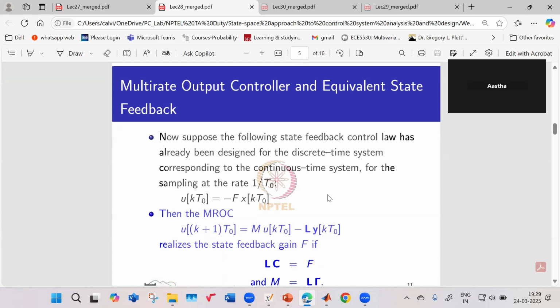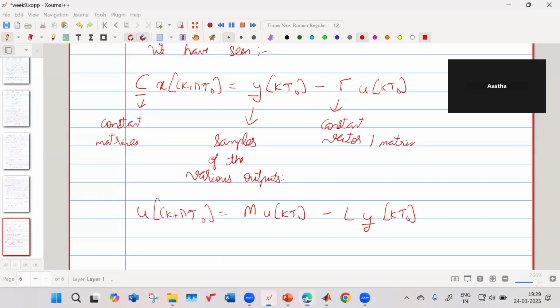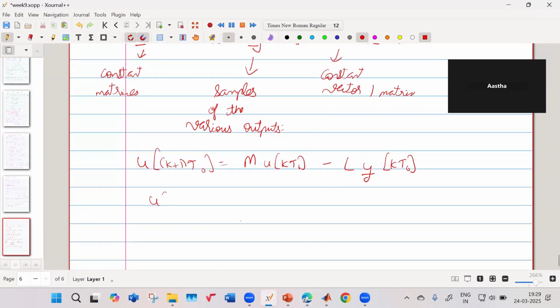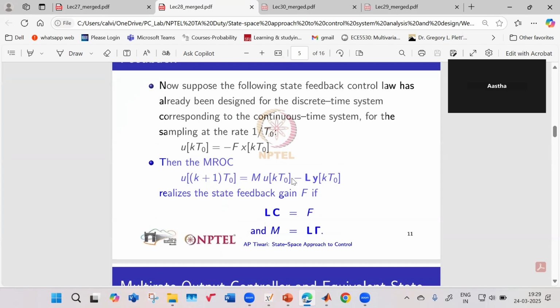So let us substitute that. u of kT is equal to minus F into x of kT. Now u of (k+1)T0 is M into u of kT0 minus L into y of kT0, the old one.